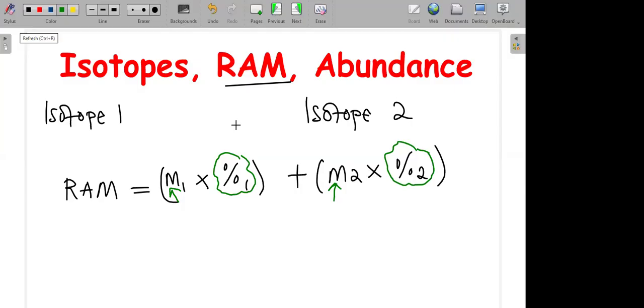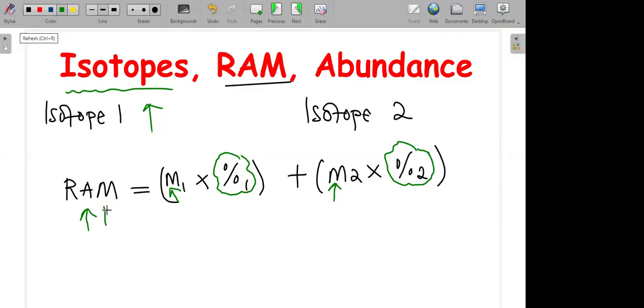So now that I've explained what the atom is, the subatomic particles that are found there, and based on the neutrons, we find out that they actually cause what we call isotopes. We can now solve past exam questions on what? Isotopes. Most of them are going to be asking you to find the RAM. The other type of question that they ask you under isotopes is to find the percentage abundances.